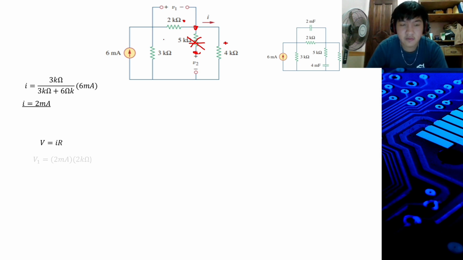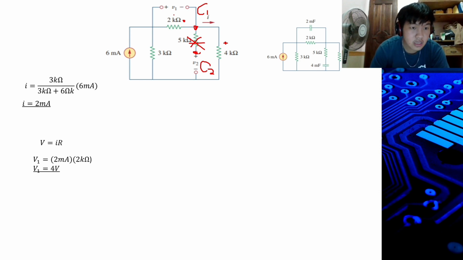V1 is 2 milliamps, which we got earlier, times 2 kilo ohms, which is in parallel across C1, and we get 4 volts. And V2 is 2 milliamps times 4 kilo ohms, which is equal to 8 volts.